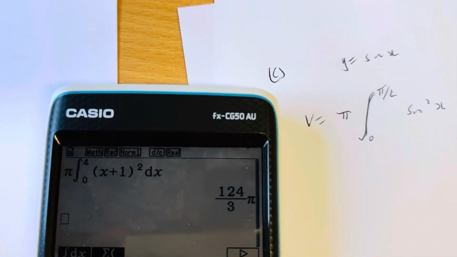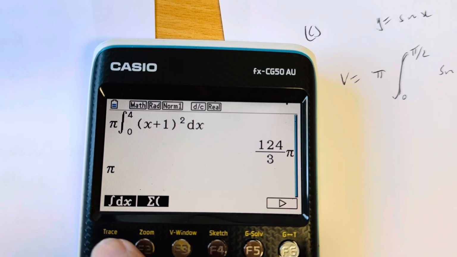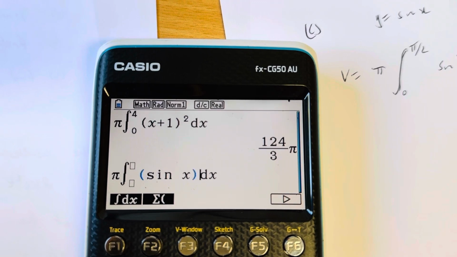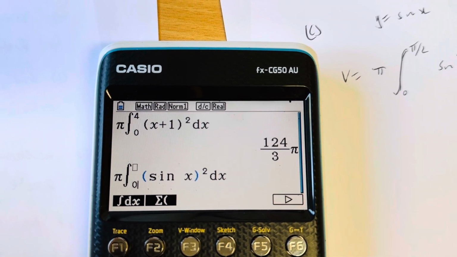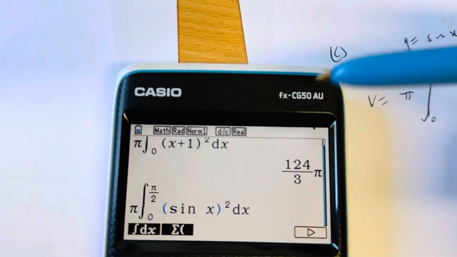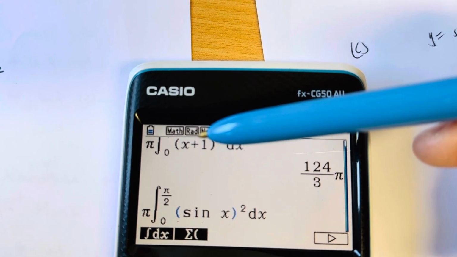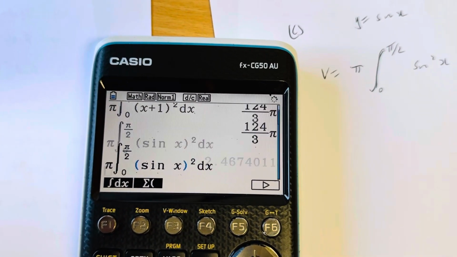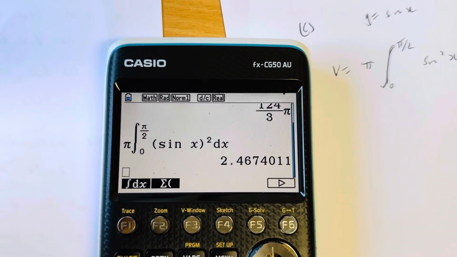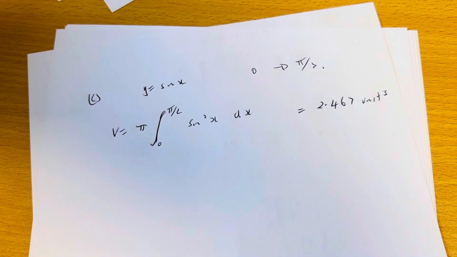So on my calculator, I could do shift, pi, integral, bracket sine x close bracket squared from 0 to pi on 2. Make sure you check that your calculator is in radian mode for this, okay? Make sure you haven't left it in degree mode. Execute. It's 2.467 units cubed. That's if it was tech active.